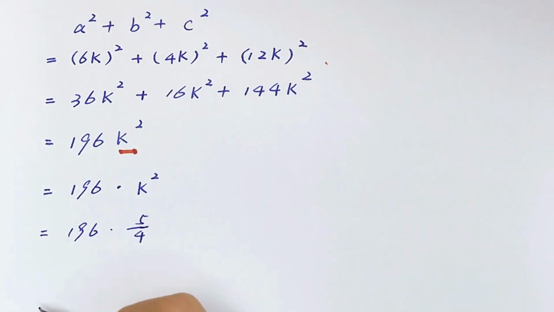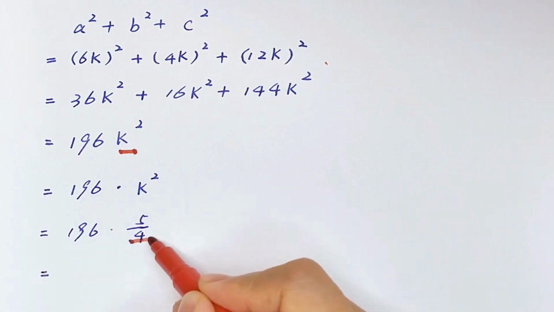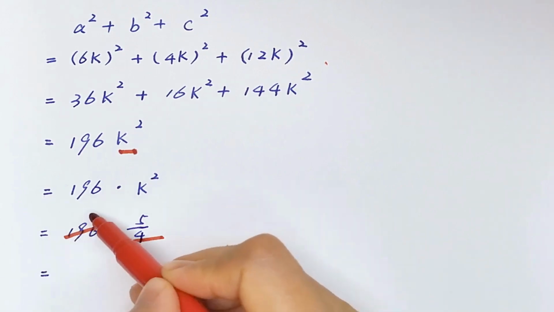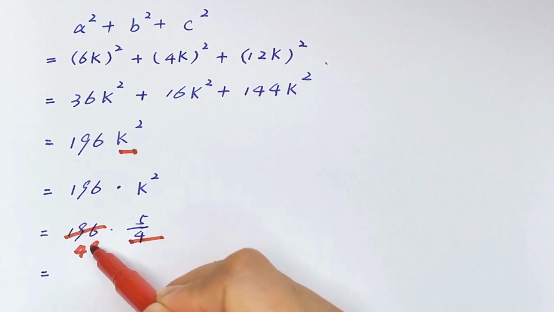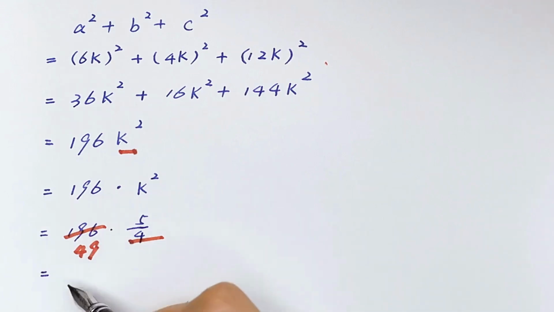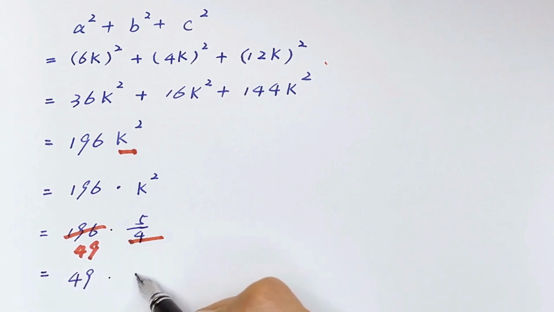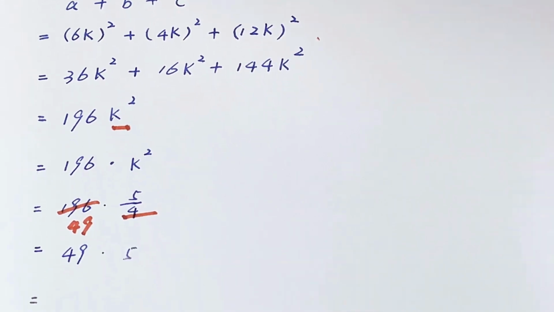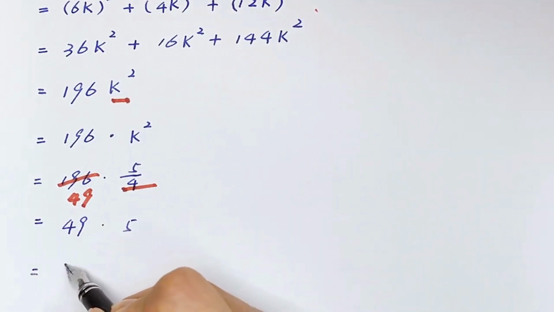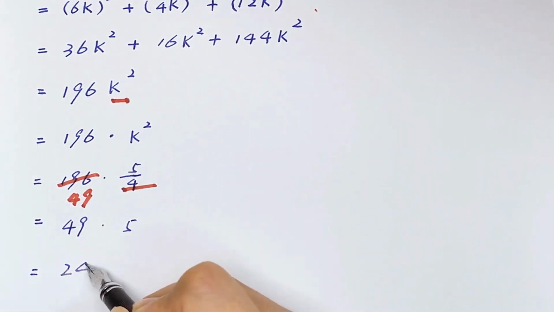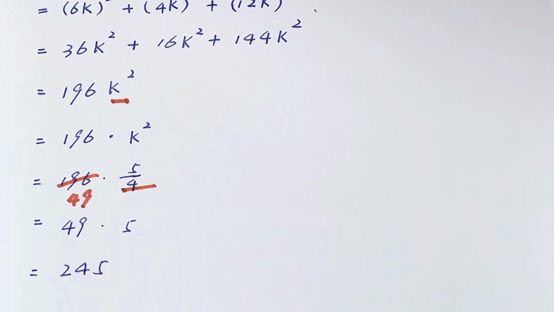So here it will be equal to, simplify here by 4 is 49. Here is 49 times 5 is equal to 245. Therefore, this is the answer for the value of A squared plus B squared plus C squared.